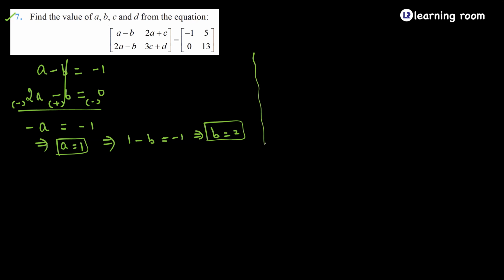Right? Having said this, if you take this one, 2a plus c will come out to be 5. Similarly, 3c plus d is equal to 13. Now you already know the value of a. Substitute it here. So 2 into a is 1, 2 plus c is equal to 5. Then how much will c be? c will be equal to 3. When you take the 3 and substitute it here, this implies 9 plus d is equal to 13.